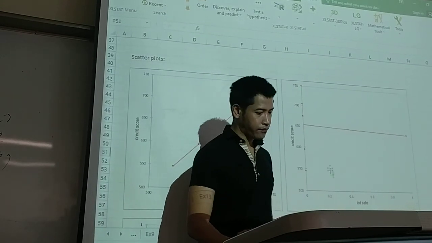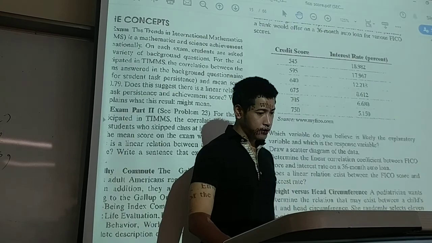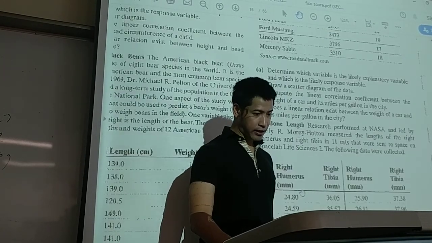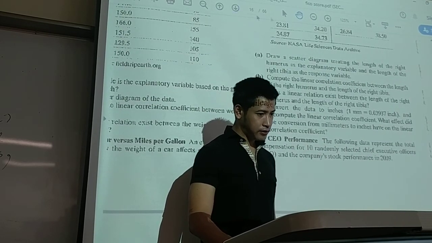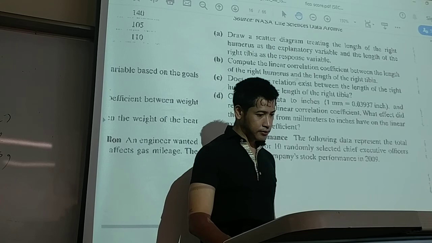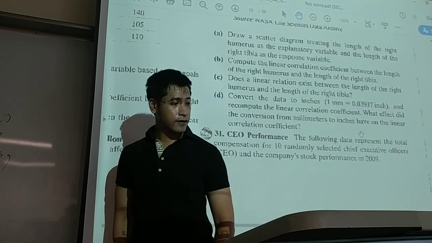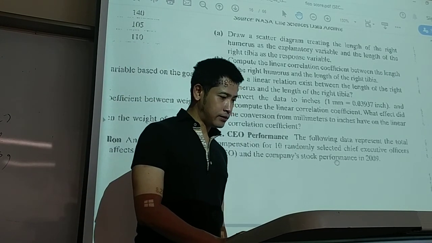Good? Okay. So if you are clear with what I have taught in the previous class, then we can proceed to a new example, which is this one here, CEO performance. Yeah. So this is an application of correlation test to finance. All right. Now, what are we observing here?